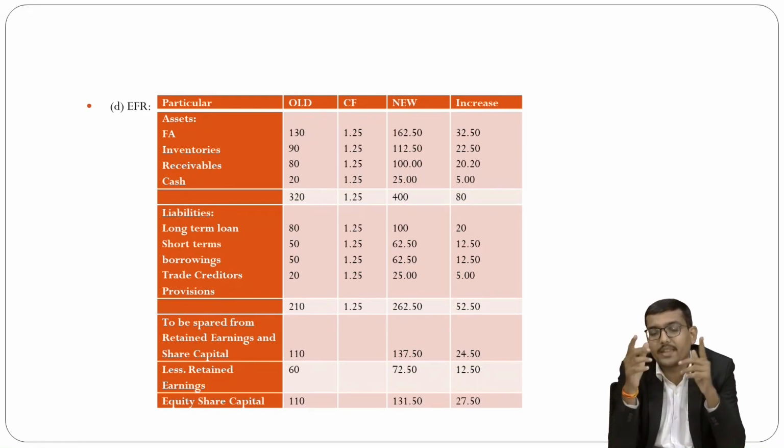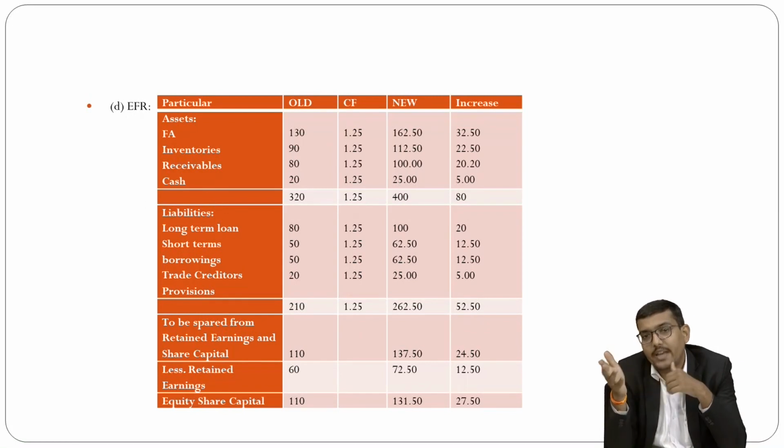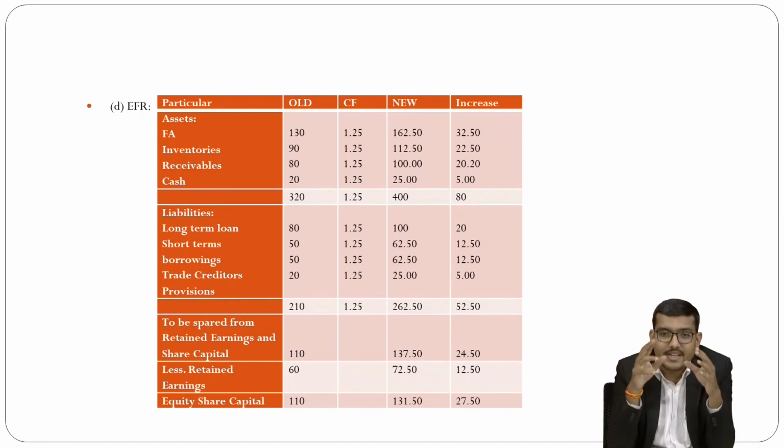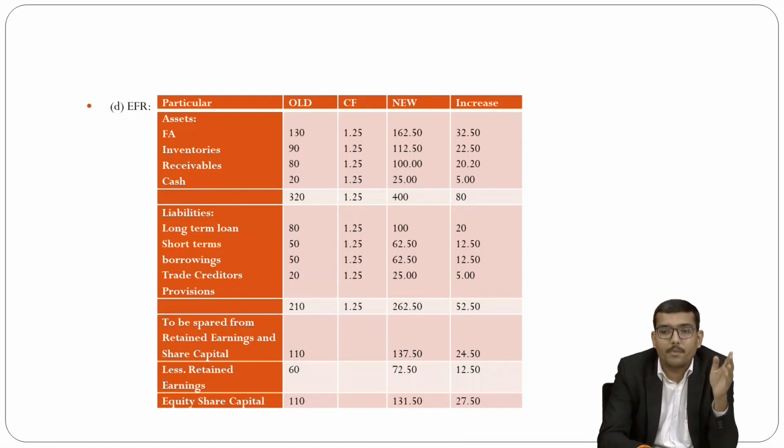So the difference between them is 5. So while we calculate it, your total will be 320 and 400, so your answer will be 80. In my answer the increase level of the third, that is receivables, is shown as 20.20, but ultimately it's 20 only.